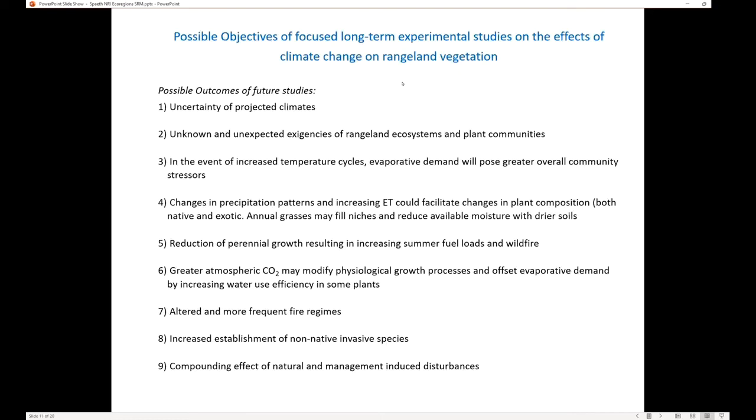So, I guess the question is, with climate change, what could we learn from, say, focused long-term experimental studies?